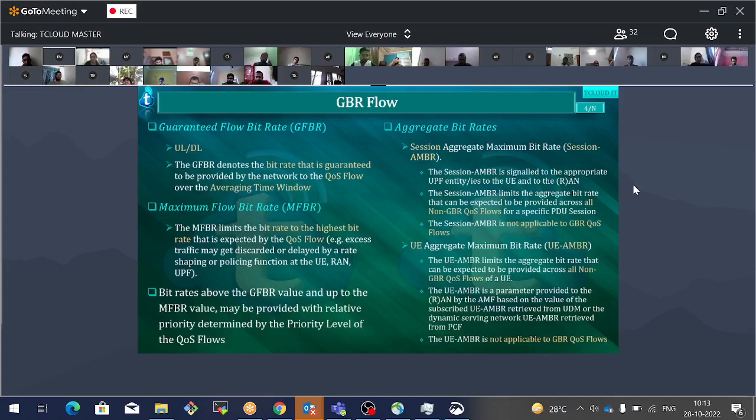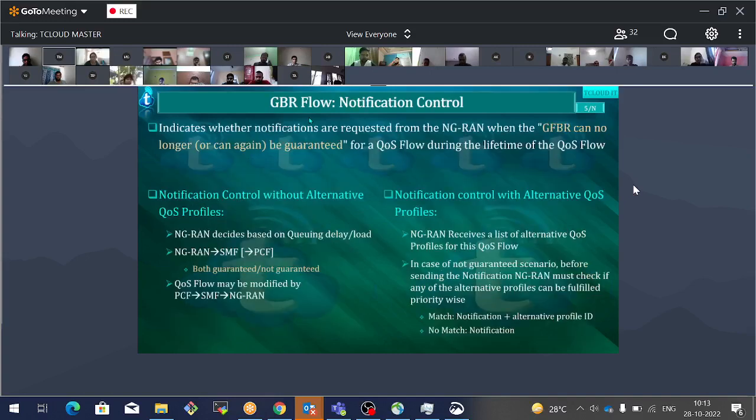They will have to come up with an alternative quality of service profile, or maybe a lesser data rate GBR. They will come and say that, hey, if you cannot provide 5 Mbps guaranteed bit rate for the quality of service flow that I have asked you to create, can you at least do 3 Mbps?